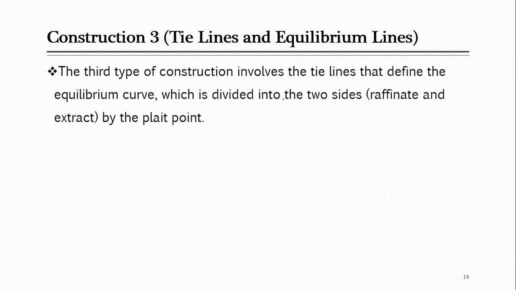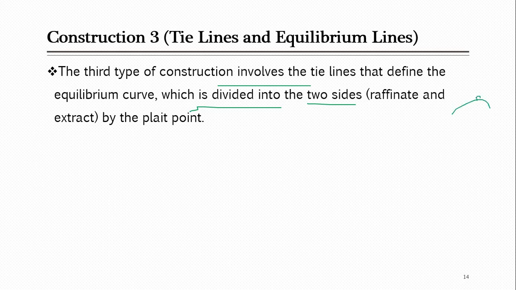Look here, the third type of construction involves the tie lines that define the equilibrium curve, connecting the two points, extract and raffinate, on the equilibrium curve. Tie lines divide this system overall into raffinate and extract by the plait point.